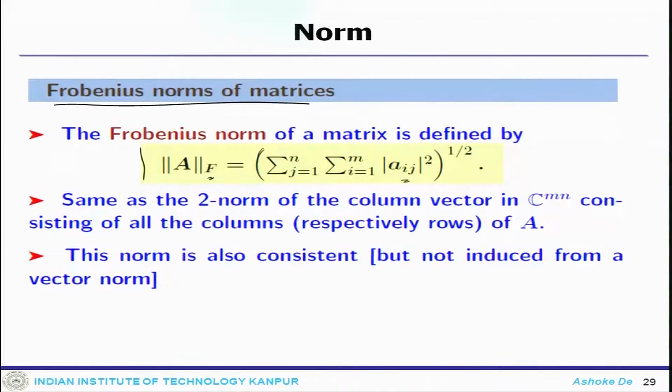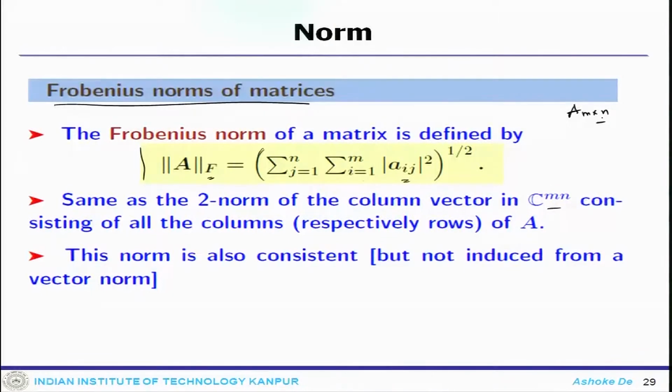This is the same as the L2 norm of the column vector in C^(mn) consisting of all the columns of A. That means A is an m by n system, so it has n columns.